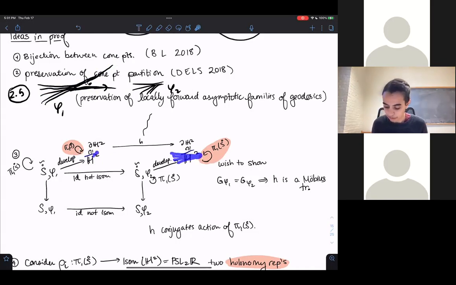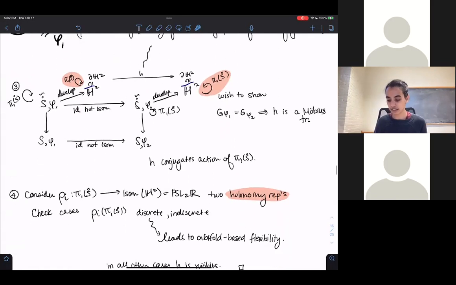And so I get a map from the circle at infinity of this H2 to the circle at infinity of this H2. So that map I'm calling H. And then we show that in most cases, H has to be a Mobius transformation. So on the inside, actually, it has to be an isometry between these two.